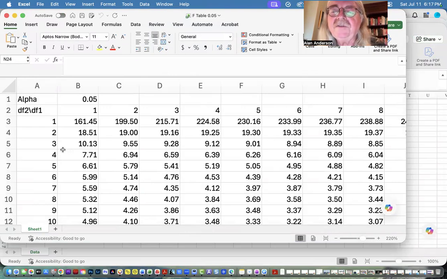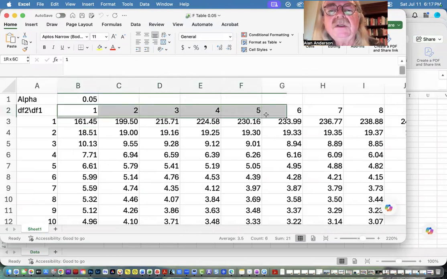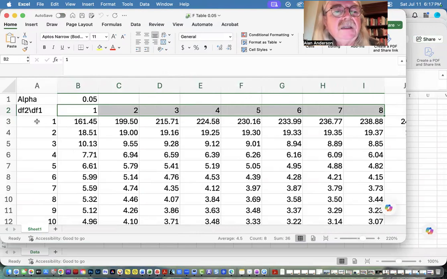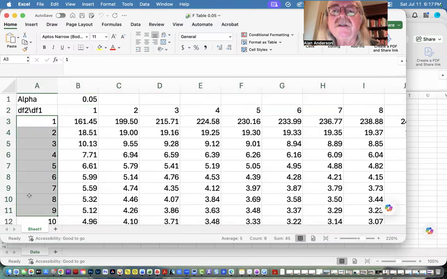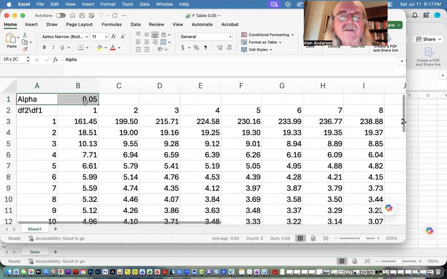You need to look up a value with the F table, two different degrees of freedom. The top row is the numerator degrees of freedom. This column is the denominator degrees of freedom. So where does that leave room for alpha? It doesn't. Each table is good for one alpha only, and it's listed here.